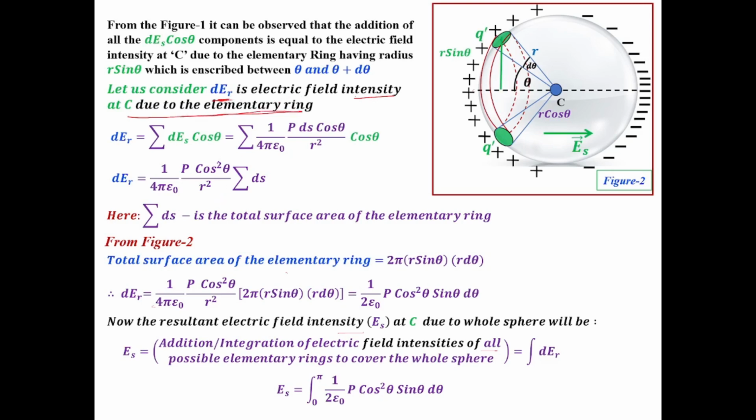Then what will be the value? The value will be the addition of all the ds cos theta, that is, due to all the elementary areas the electric field intensity at C, the cos theta components of all the elementary areas add up, and it will give the net or resultant electric field intensity of this entire ring.